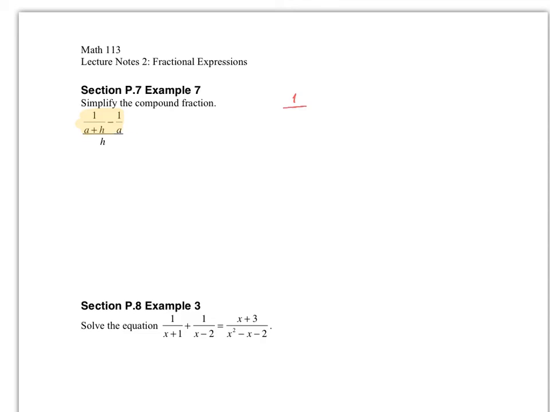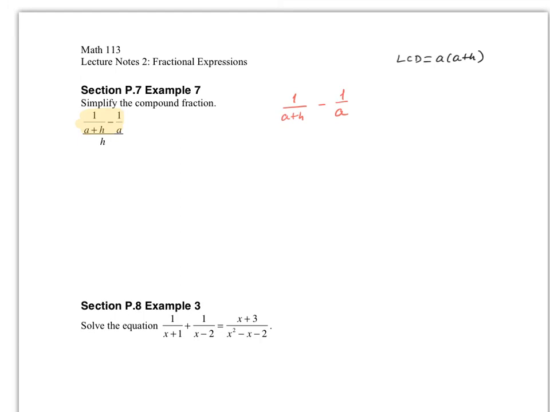Okay? So if that's the case, this is what we have on the left side. We have 1 over a plus h minus 1 over a. Here we need to find the LCD, and the LCD is going to be a times a plus h, or a plus h times a, since these are different, so this is the LCD.